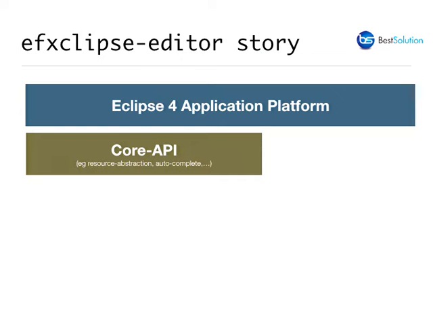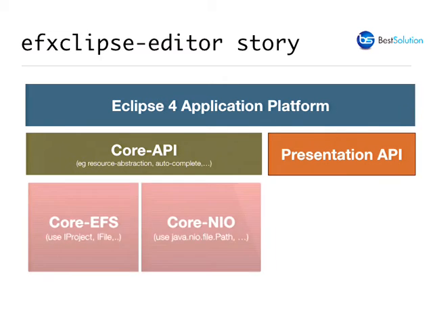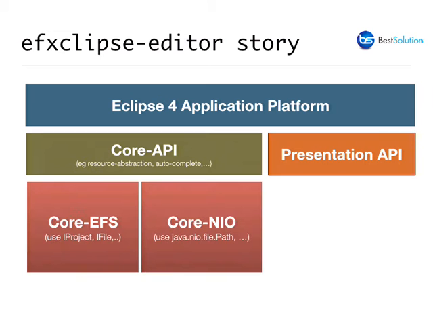And we have a presentation API. Then we have an implementation of our core abstraction layer for the Eclipse file system, IFile, IProject, and all the stuff, and for plain Java, using NIO in the end. So you are not forced to have a workspace for our editor framework. That's the main idea in the end.